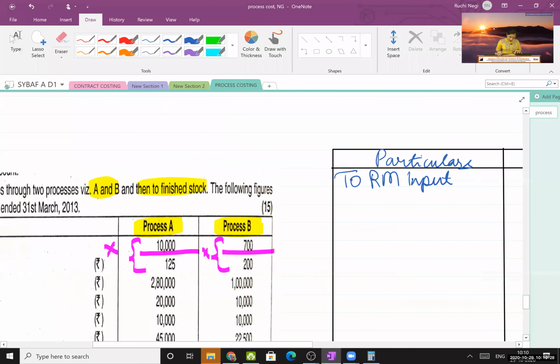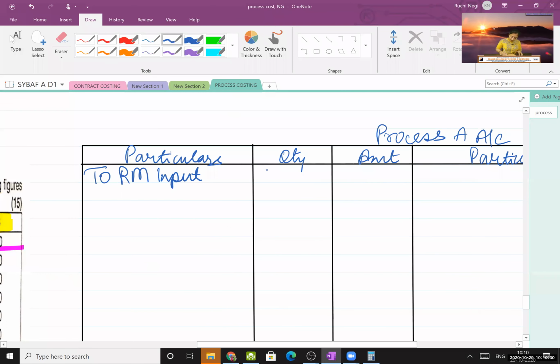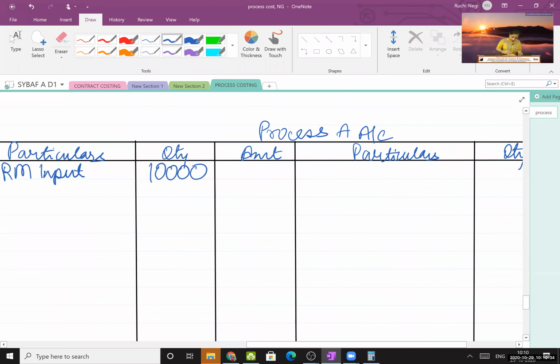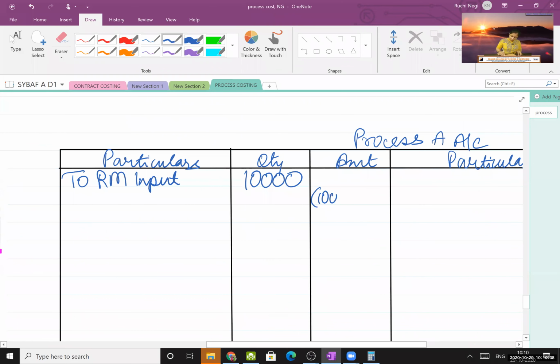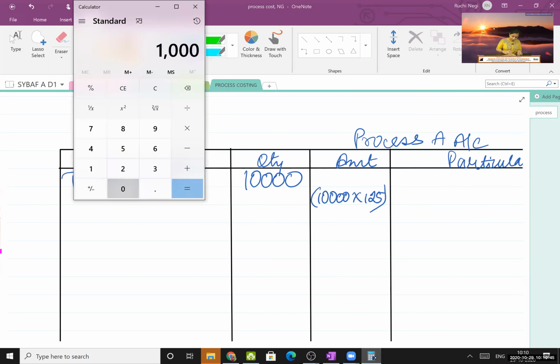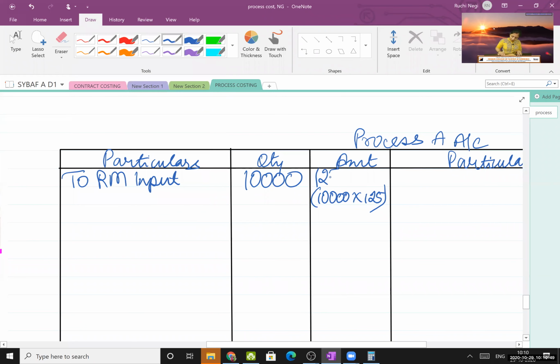How much? 10,000. Write in the quantity 10,000 and write here what is the rate, 125. यहाँ पे लिखो 10,000 into 125. ठीक है? Multiply 10,000 into 125. 12 lakh 50. So write here 12 lakh 50,000.